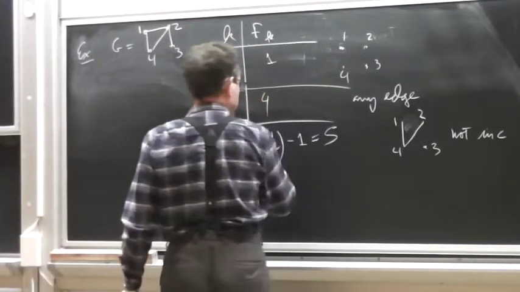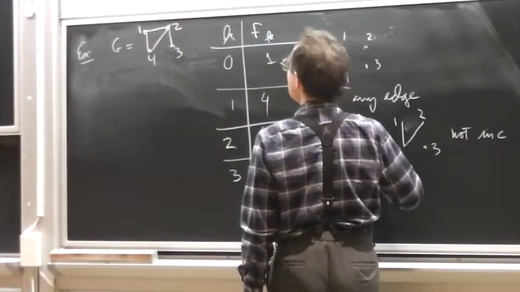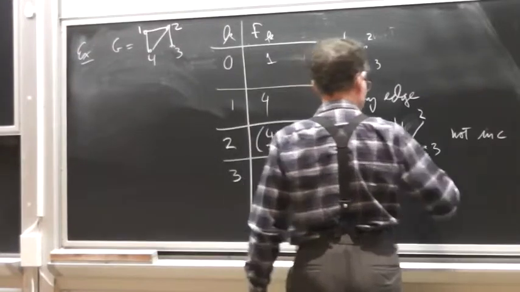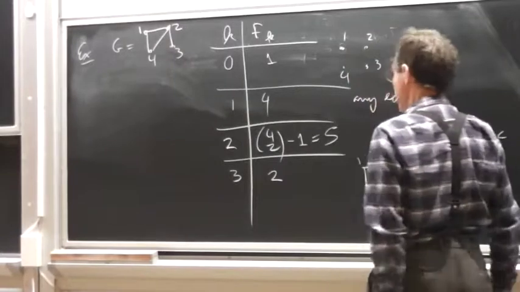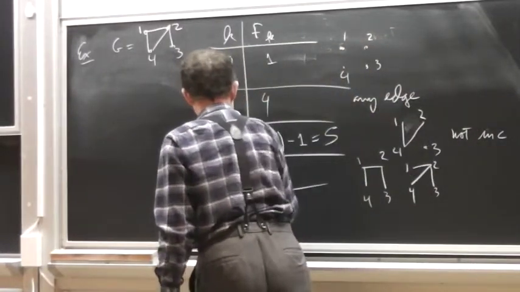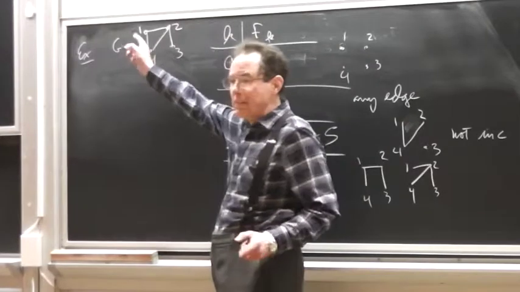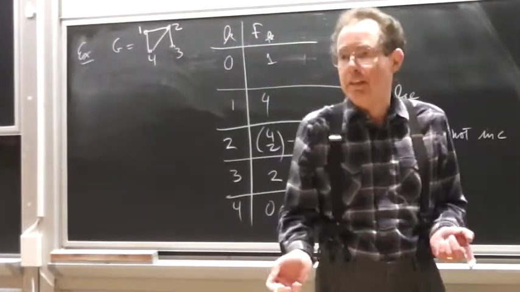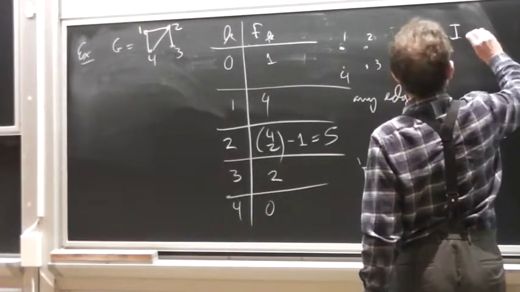For 3, let me just write down the 2 that there are: this and this. And then for 4, how many are there? 0, right? If I take all 4 edges, I've got a cycle, which can't be. So what does this increasing generating function look like?